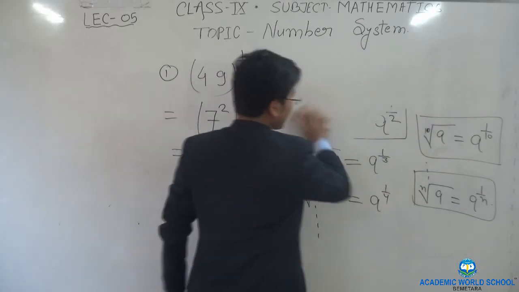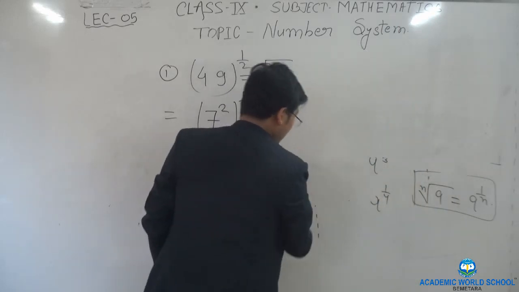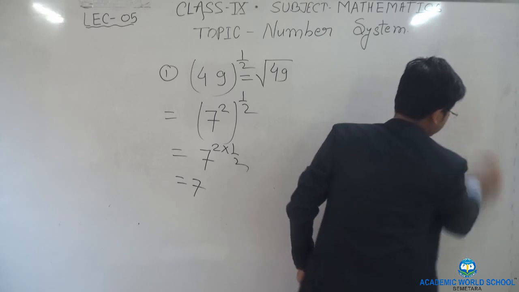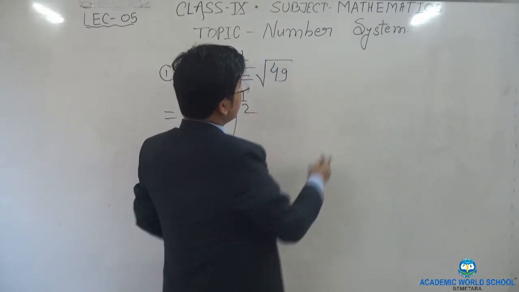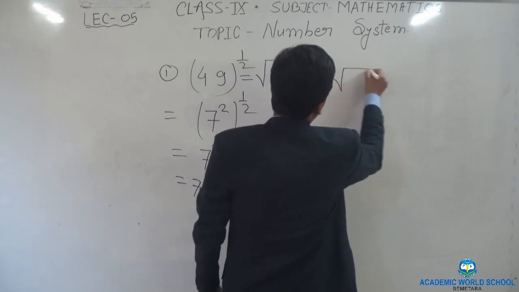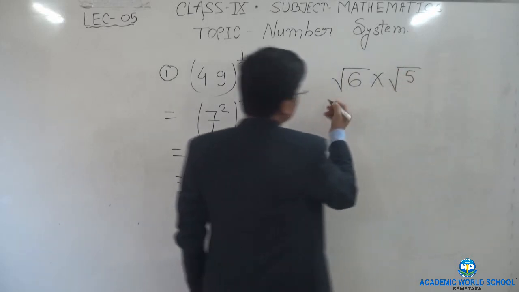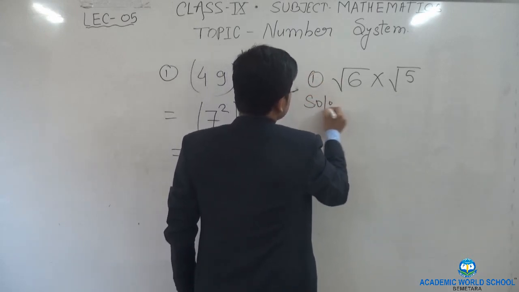Listen, very important concept. We have studied all this in the previous class itself, although we have to study it in class 9. If I write root over 6 into root over 5, we have to evaluate this. What is the exact value?